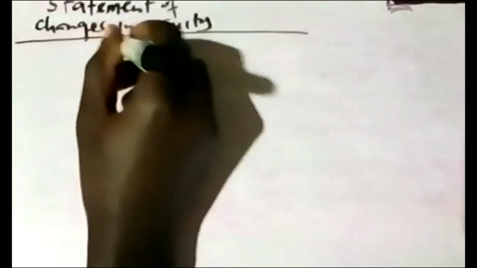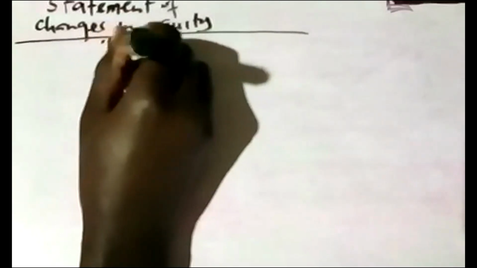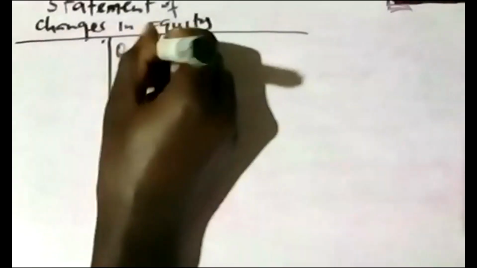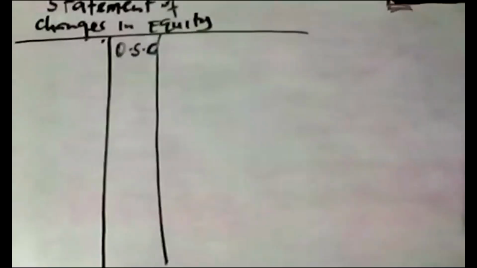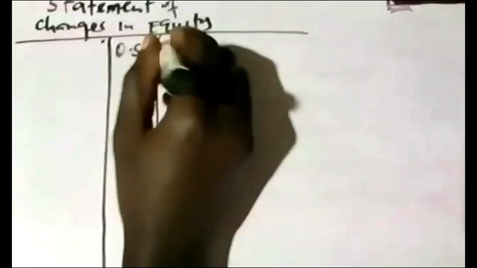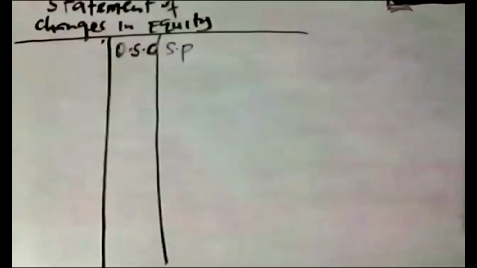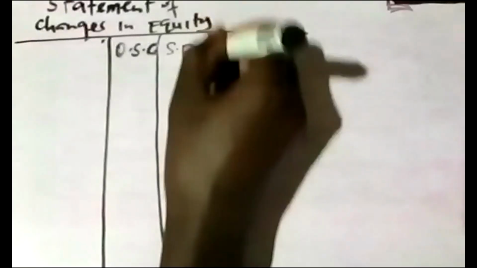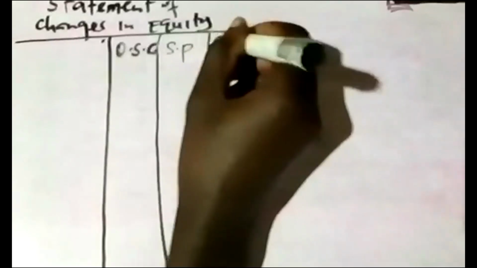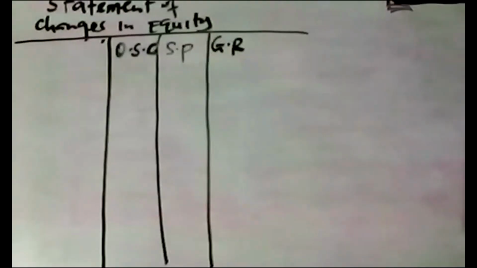I will be using abbreviations: ordinary share capital, OSC. Then there was a share premium, then a general reserve. So I'm saying ordinary share capital, share premium, general reserve.